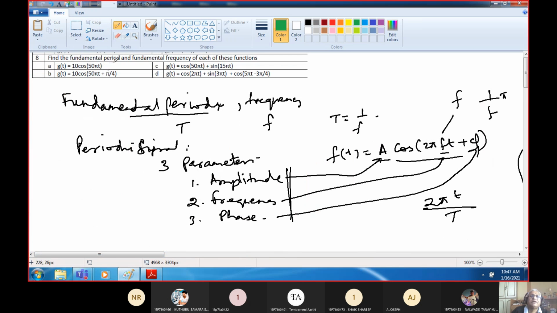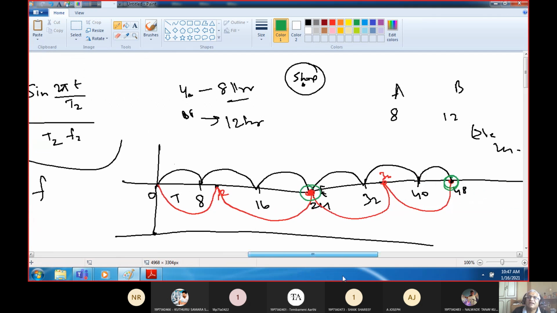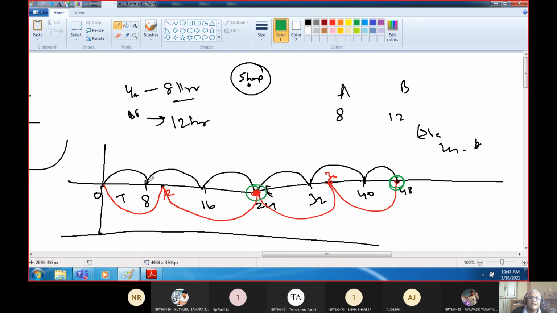Find the fundamental period. So what do you mean by fundamental period here? Fundamental period is not 8 or 12. The fundamental period is when 8 and 12 are both happening. Is there any chance that both of them will occur at regular intervals of time?